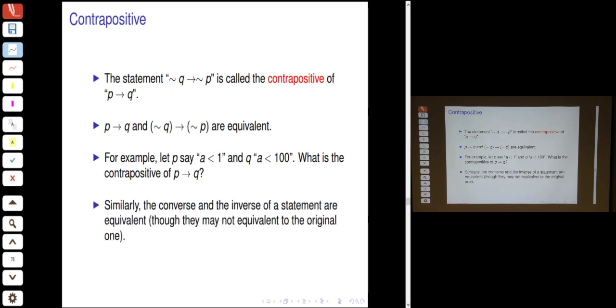So similarly, the converse and inverse of a statement are equivalent. So it says this. Originally you have the original statement P arrow Q, right?